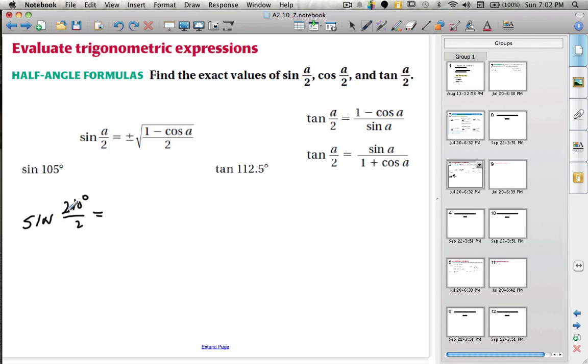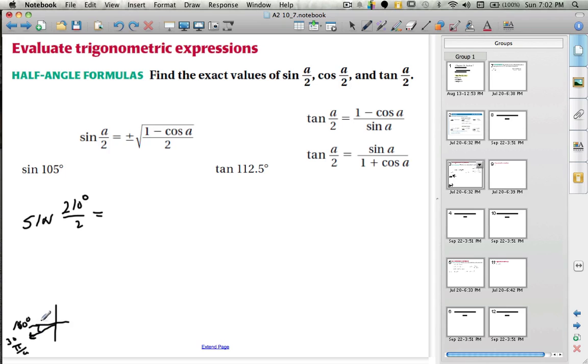And why do we pick 210? Because it's one of our standard angles. 210 is 30 more than 180, so it has a reference angle of 30 degrees, or pi over 6, depending on whether we're working in radians. Typically, in these sections we've been working in radians.